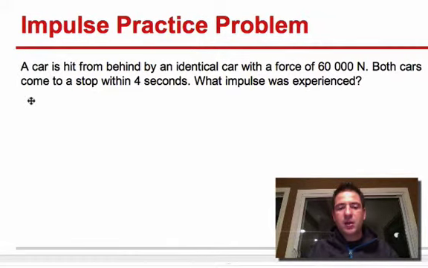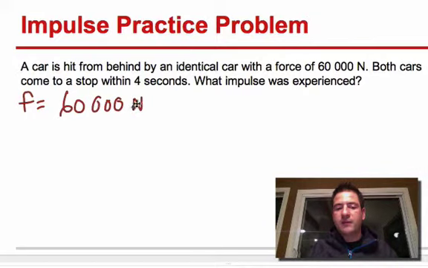The force is going to equal 60,000 newtons, and I always put the symbol in so I know what we're measuring in. The time is 4 seconds, since it stops in 4 seconds, but I don't know the impulse.